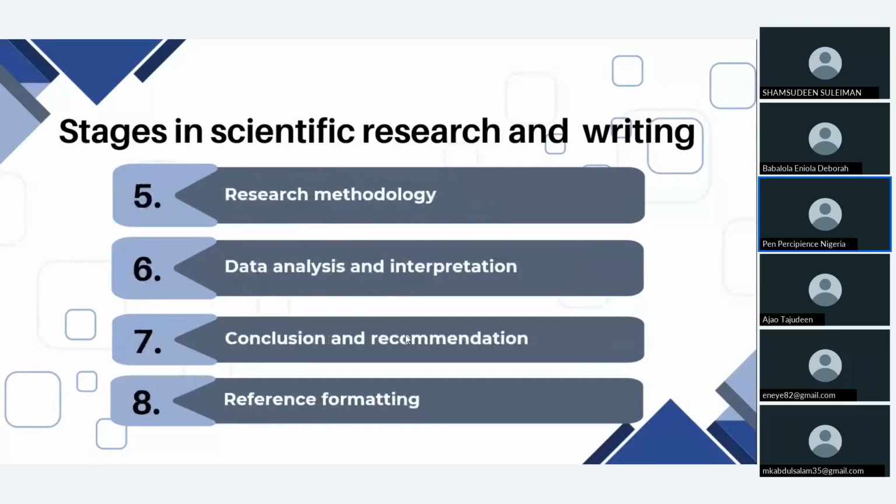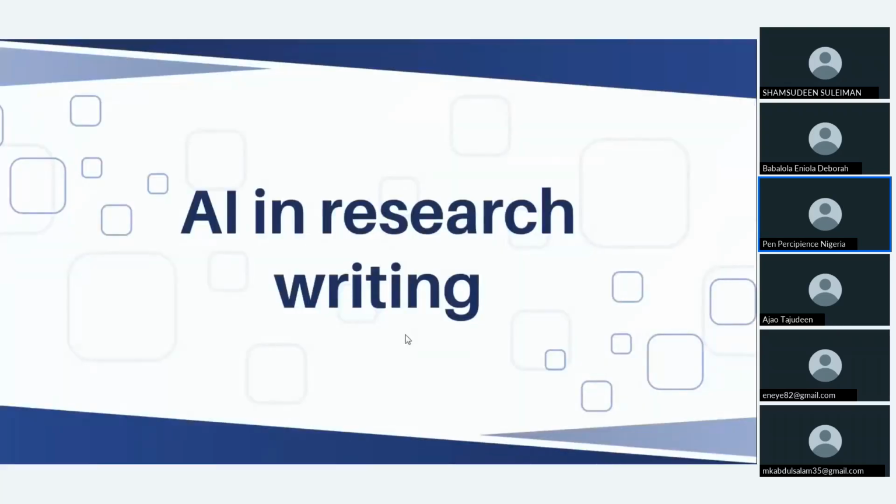Another one is to come up with a research methodology, data analysis and interpretation, conclusion, recommendation, then reference formatting. All these are stages that we will normally go through when we are carrying out our research, especially our academic research.